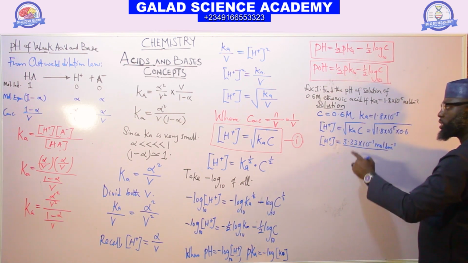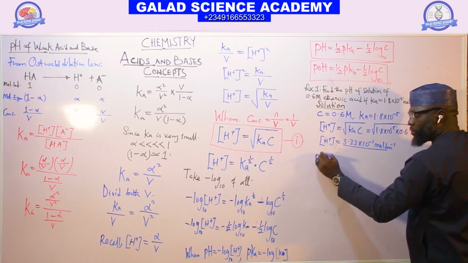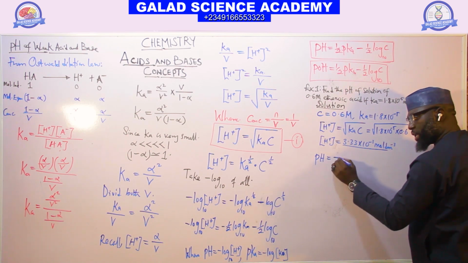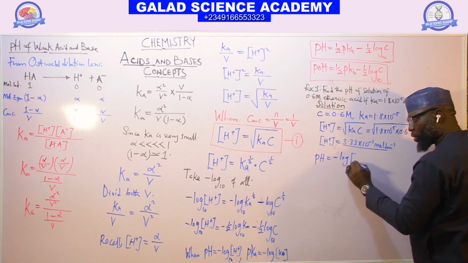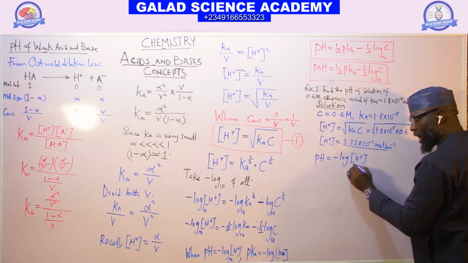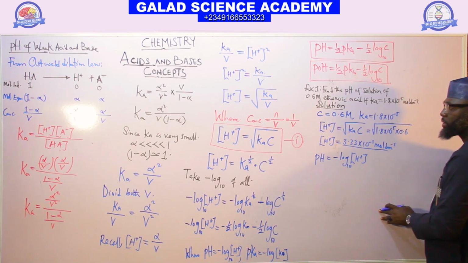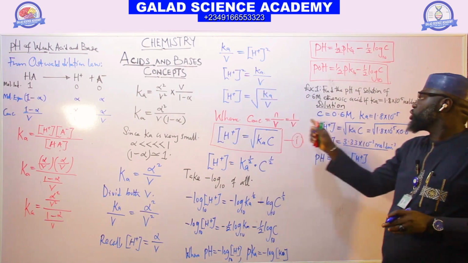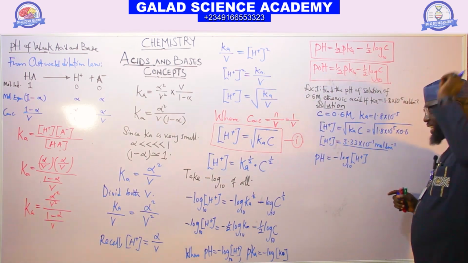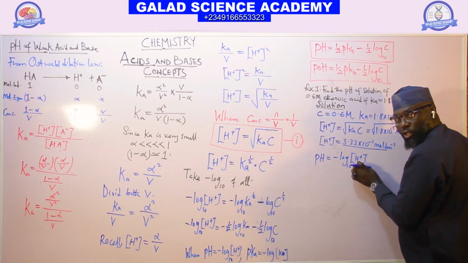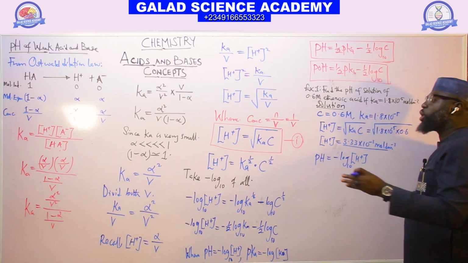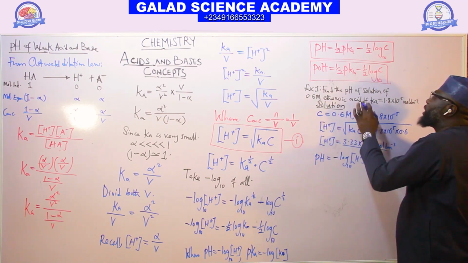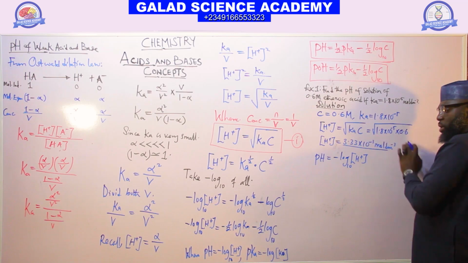You will now use this formula for pH, or negative logarithm of the concentration of hydrogen ion to base 10. You know that we use this Oxford rule to know our hydrogen. If it's direct, they will give you the concentration of hydrogen. So the purpose of the Oxford rule here is we use it to know the concentration of hydrogen ions.